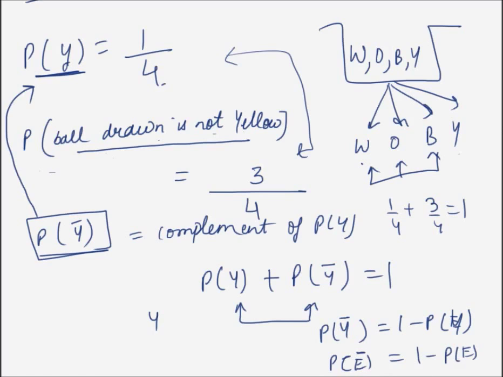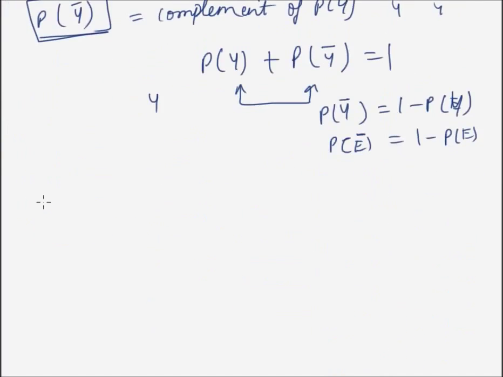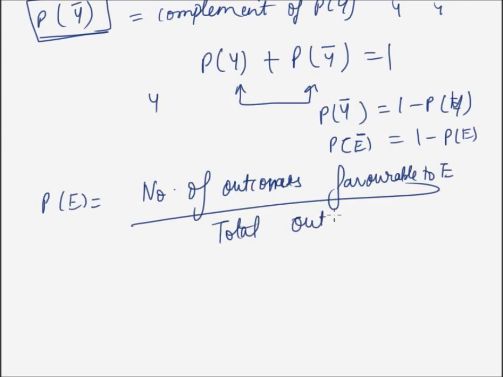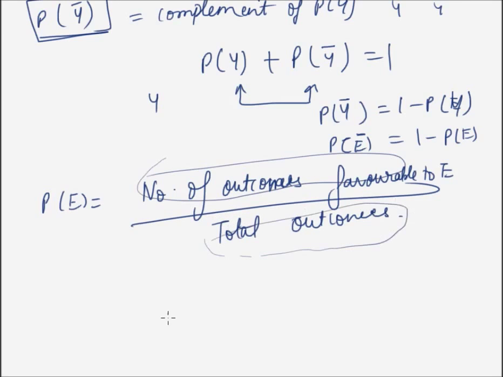Friends, we know that the probability for an event is given as the number of outcomes favorable to E over the total number of outcomes for the experiment. Now this numerator will be a subset of this total number of outcomes.